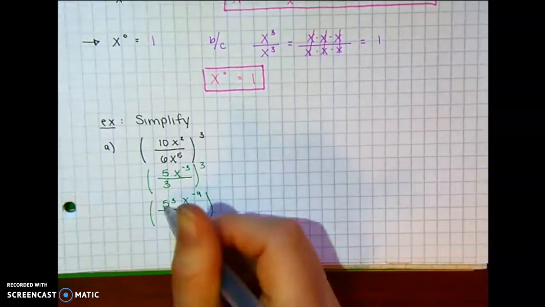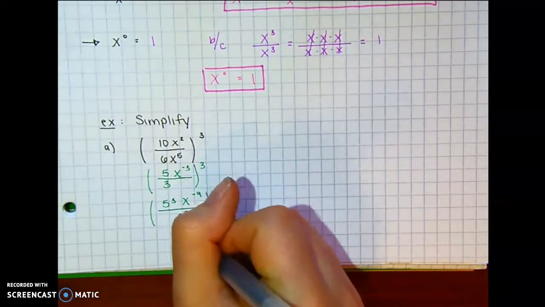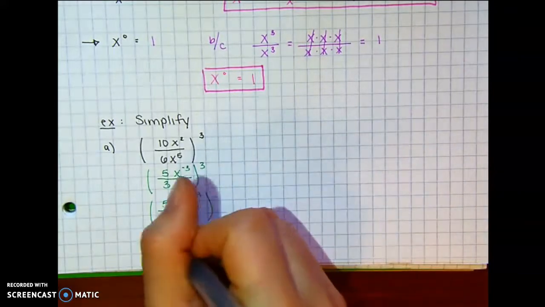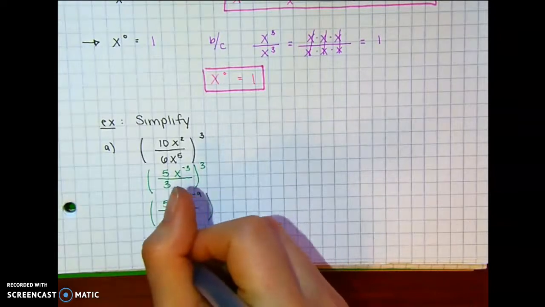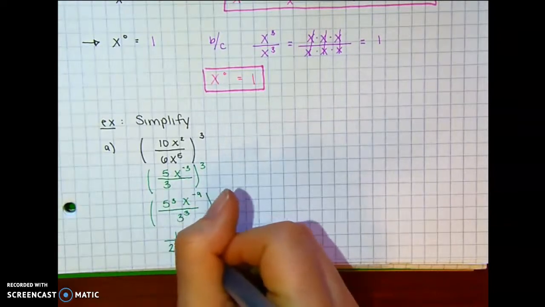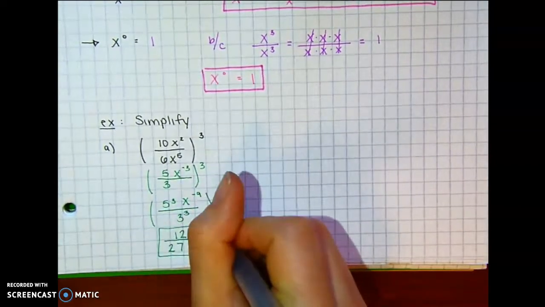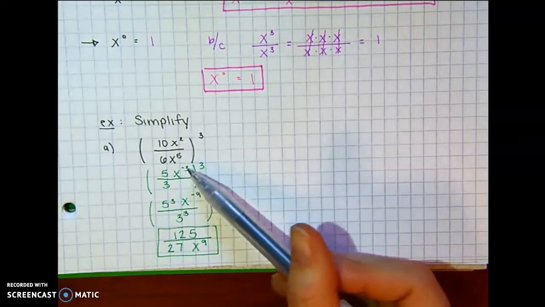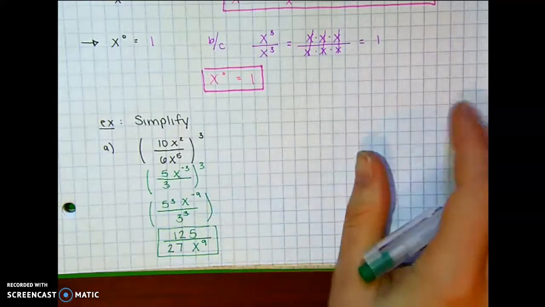So my final answer: 5 cubed is 125. We don't like negative exponents, so we need to move this to the denominator to make it positive. 3 cubed is 27, so this is 27x to the 9th. We're done. And I would like you to show each property that you use.